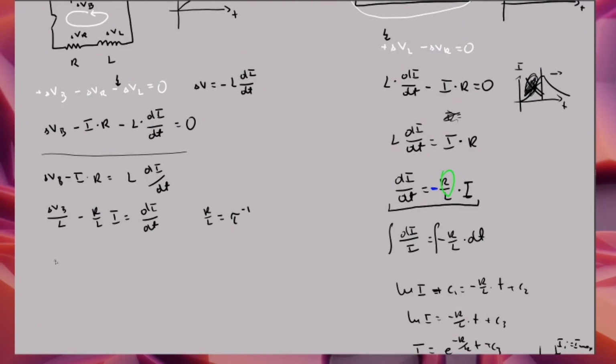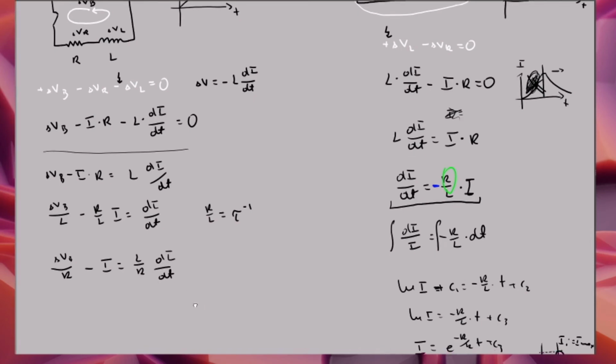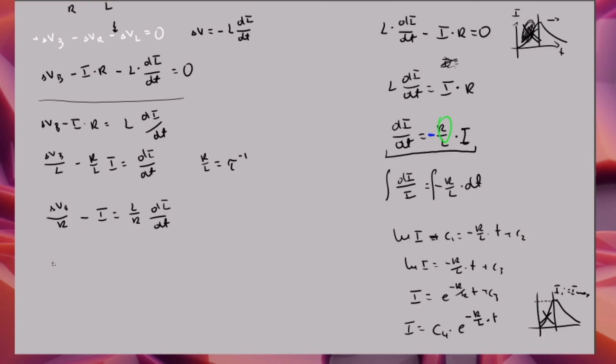So then what I'll do is, oh, I see now. Yeah, all right. Let's flip this. Instead I'm going to multiply both sides by R, so I'll have delta VB over R minus I equals L over R di dt. And let's bring this to the other side.